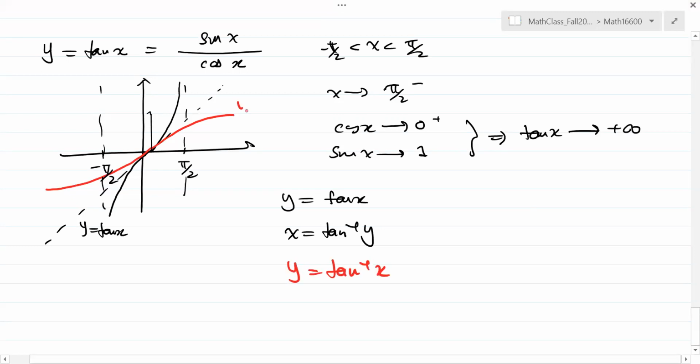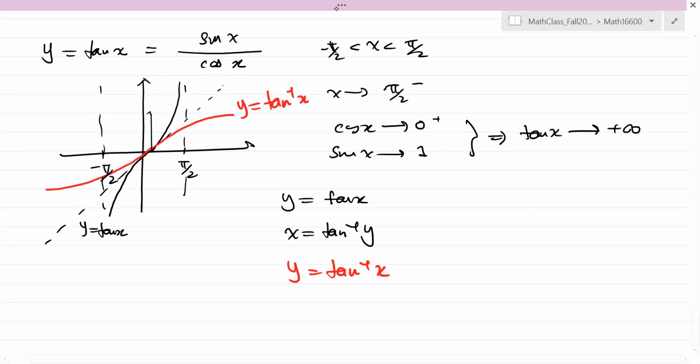So this is y equals arctangent x. Then you can see the range and the domain of the inverse function. I think the domain of the inverse function will be the whole line.